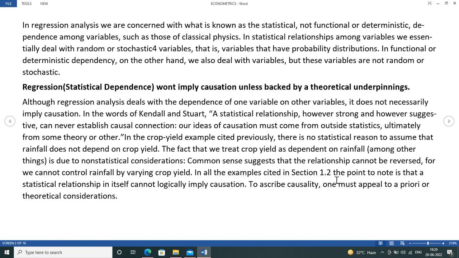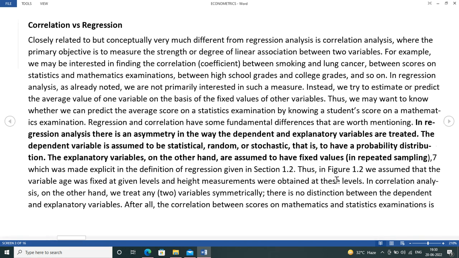If there is a positive dependence between crop yield and rainfall, you cannot say that just because crop yield has increased, you can expect more rainfall next season, right? This is not how causation proceeds, but rather there should be standard theoretical underpinnings to declare causation.